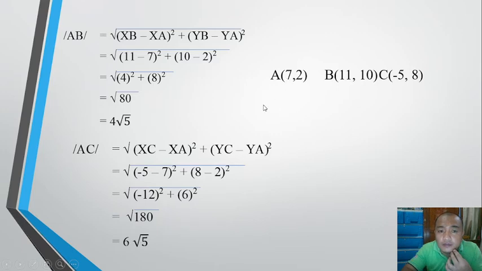How about line AC? Negative 5 minus 7 quantity squared plus 8 minus 2 quantity squared. Negative 12 squared plus 6 squared. 144 plus 36 is 180. That's equivalent to the square root of 36 times 5, or 6 square root of 5 for line AC.